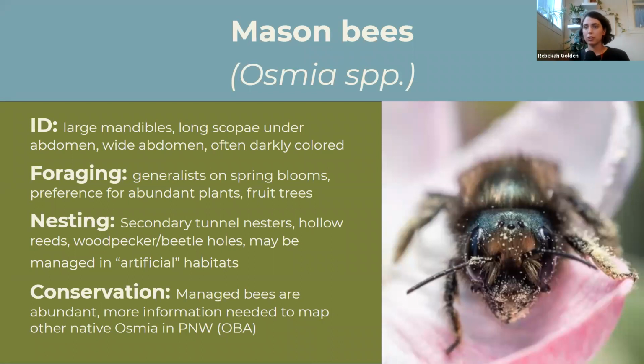They keep information about their host plants, and their conservation status, so how their populations are changing over time. And so we'll have a much better idea of how these populations are actually faring once we have more information.